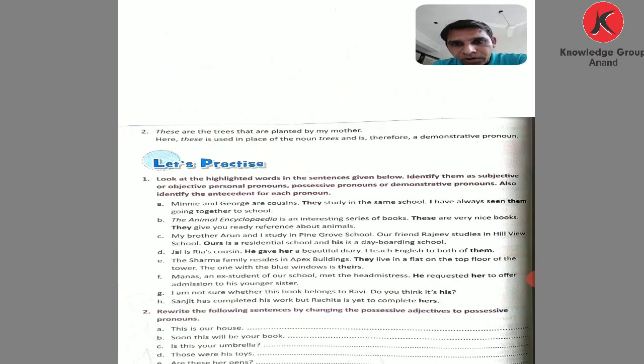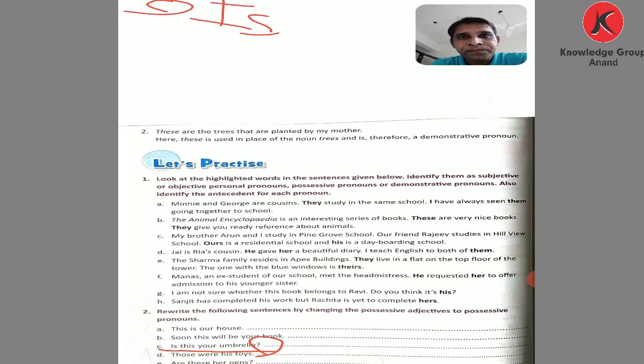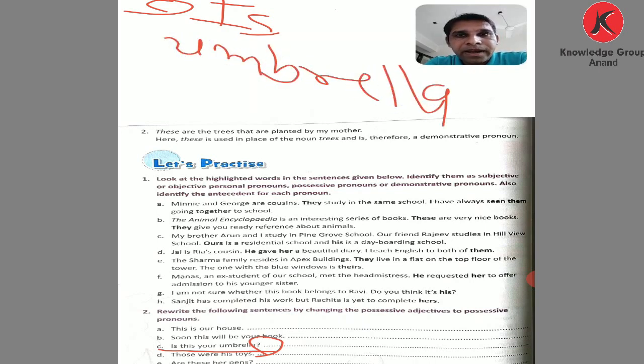Comes to the third: is this your umbrella? Is this your umbrella? A question mark is given at last. We form this C as a question, so we write is first. Then write this umbrella.